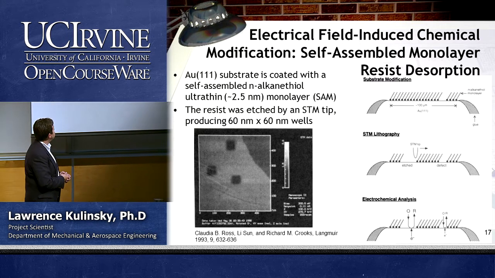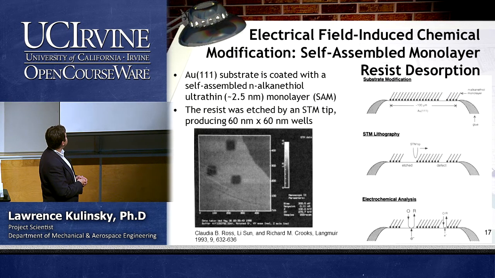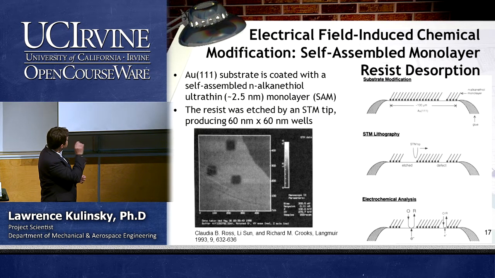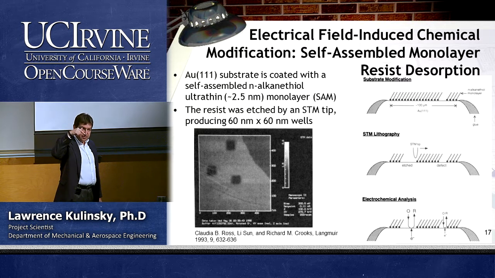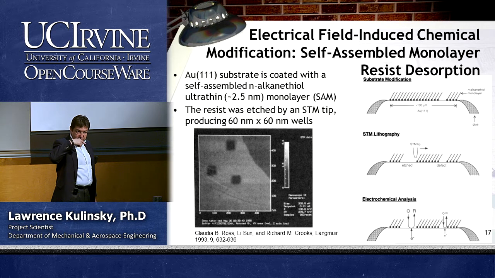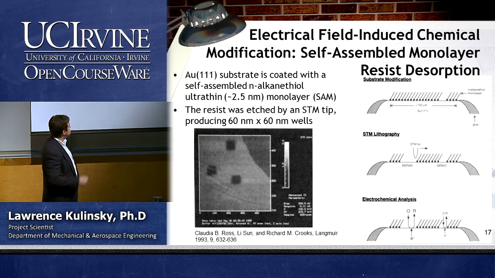So we have an alkanethiol ultra-thin monolayer on the surface of gold. And basically, as the tip goes close to the surface, it pretty much shaves, okay, the monolayer, and you produce a window.